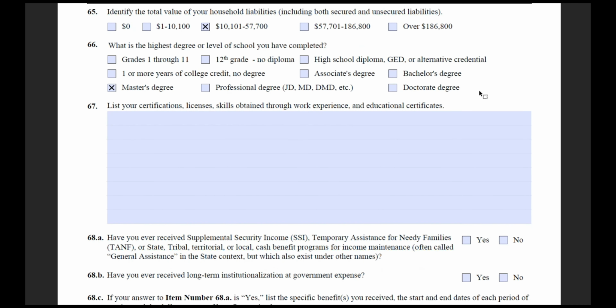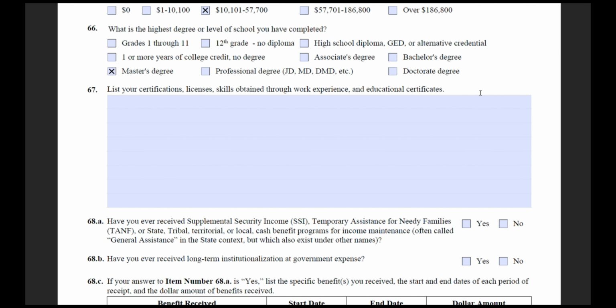Moving on to question 67. This one asks to list any certifications, licenses, skills obtained through work experience, educational certificates. Based on the instructions and also based on the briefing by the DHS, you can include literally any type of certification, degree, any license that you have obtained.